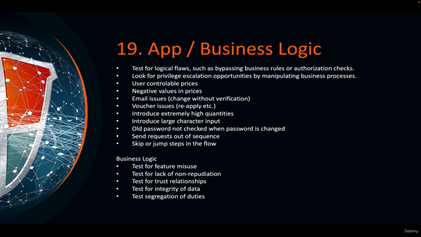When you send requests out of sequence, when you buy something, and the last one is a confirmation. What happens if I put something in a shopping cart and then I send the confirmation, which should only happen as the very last step, those kind of things. And skip stuff, just do everything else, do anything which you would normally not do as a regular user. That's really business logic, right?